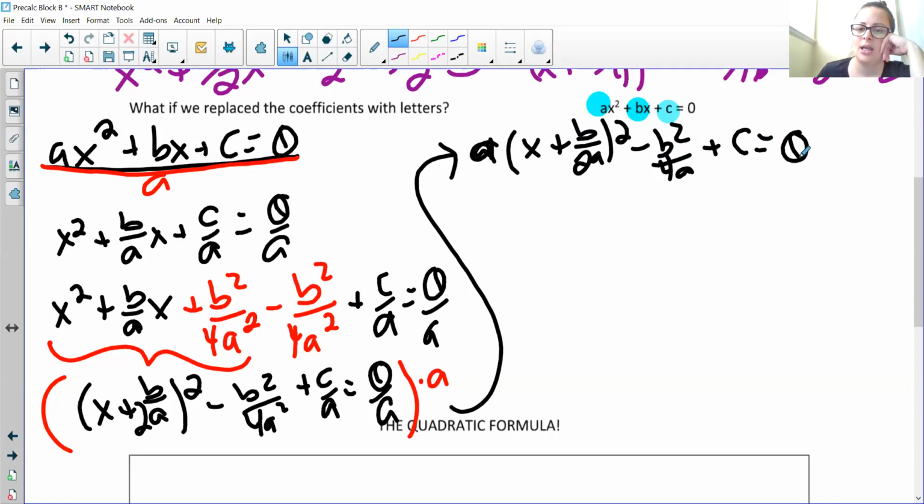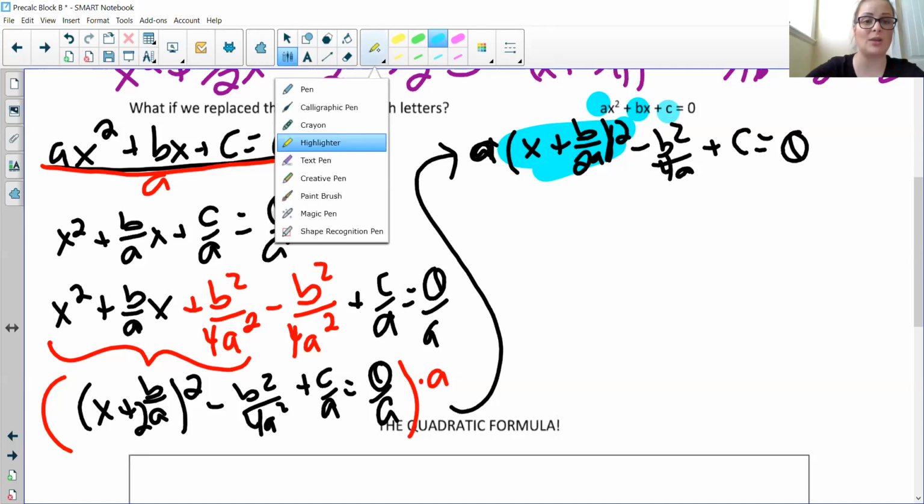Okay. And that would be where we would solve it. We could try to combine those two fractions, but eventually we have to solve and isolate this. To solve it, we have to isolate this square so that we can then square root both sides.